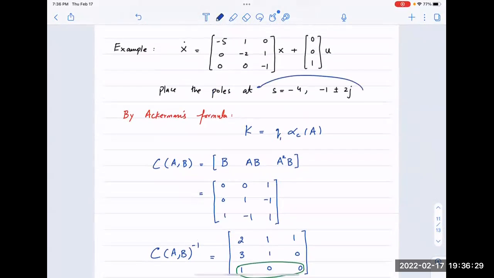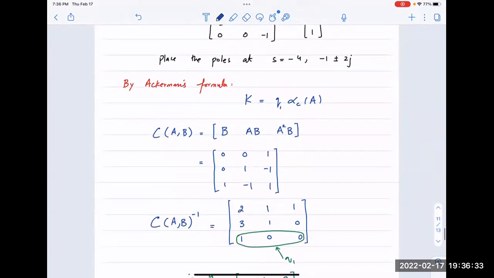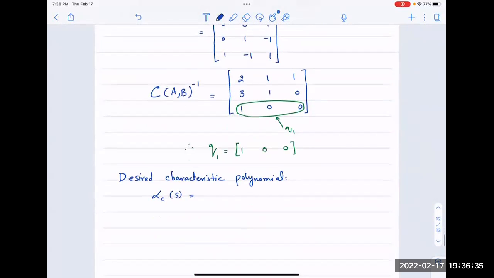So we do S plus 4 and then S plus 1 minus 2J, and the conjugate part, which is S plus 1 plus 2J.